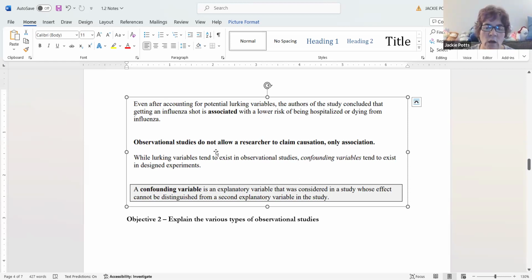Causation can only be claimed with a designed experiment because we caused it by tweaking variables. Observational, we can only state association or correlation, but never causation. Be careful. I promise you right now, come final or midterm, I will trip up some of you because I'll make a causation statement like because of. So be careful.